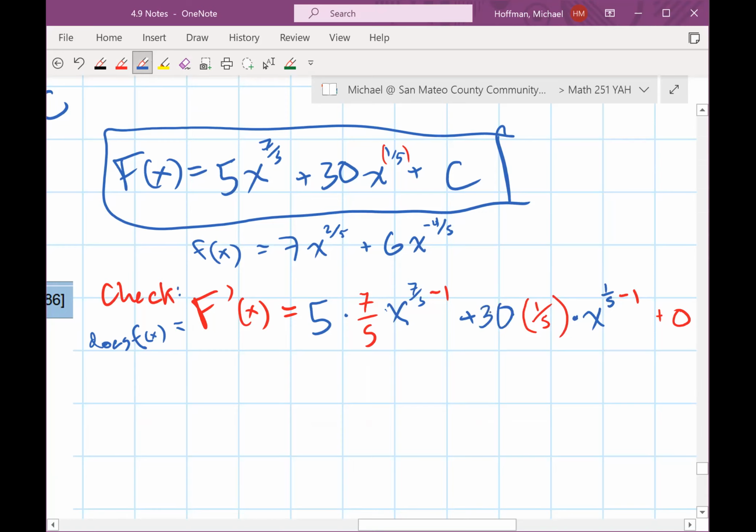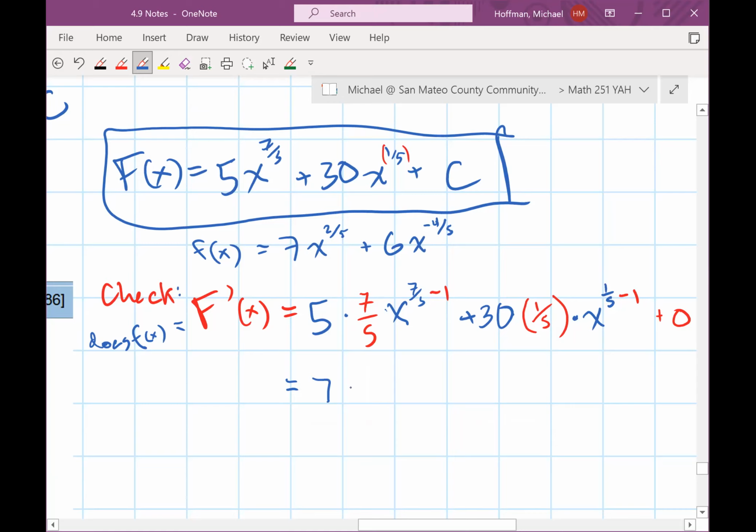There. Okay. So I'm taking the derivative of this answer. It's kind of like Jeopardy, where the function they gave you was the derivative answer, and what you're trying to find is the question. What function's derivative is 7x to the 2/5 plus 6x to the negative 4/5? Well, we're just checking that it's 5x to the 7/5 plus 30x to the 1/5 plus a constant.